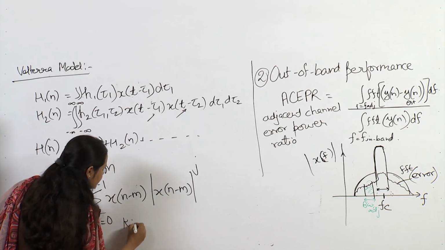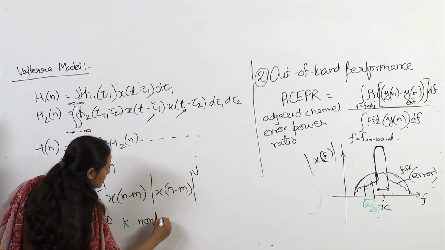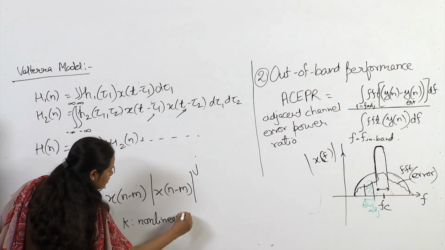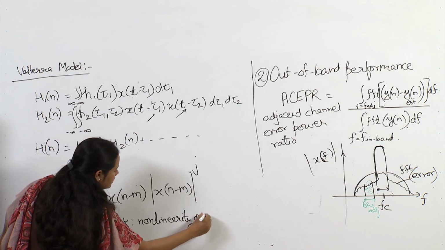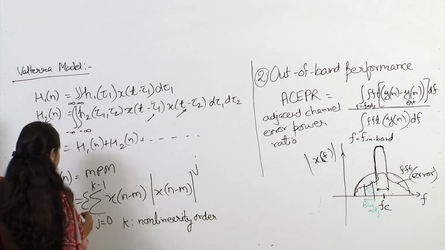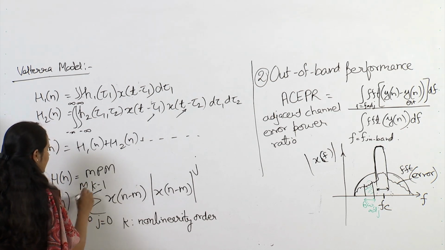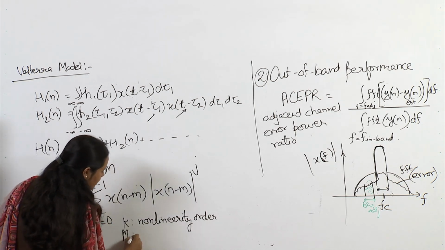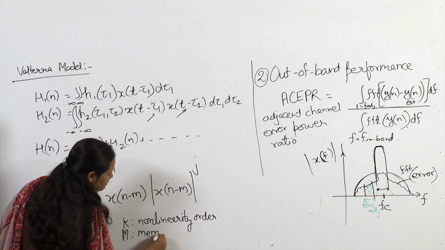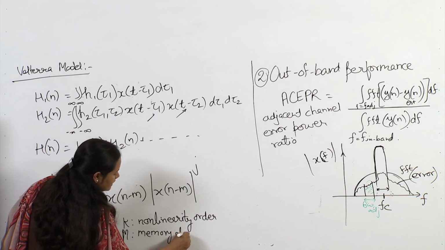This K is the nonlinearity order, and this M, let us take from 0 to capital M, this M we can call the memory depth.